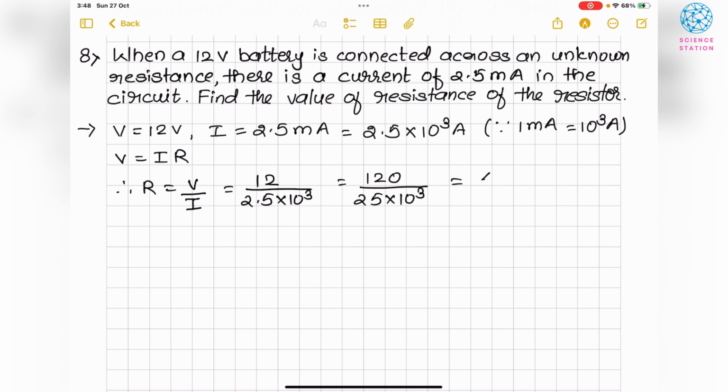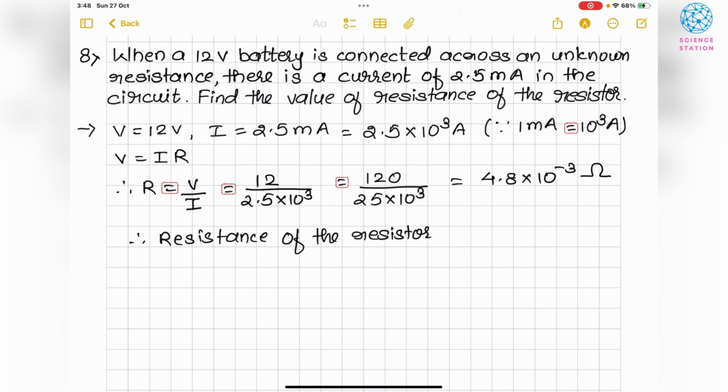So that comes as 4.8 into 10 power 3 ohms. Therefore resistance of the resistor is 4.8 into 10 raised to 3 ohms.